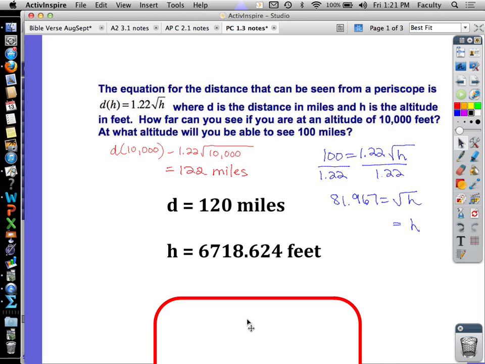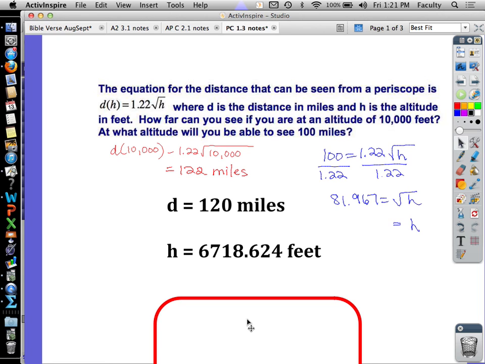Something else I want to talk about is sometimes students have trouble with d of h. Like they want to put d times 100 or something. What does d of h actually mean, in the context of this problem?